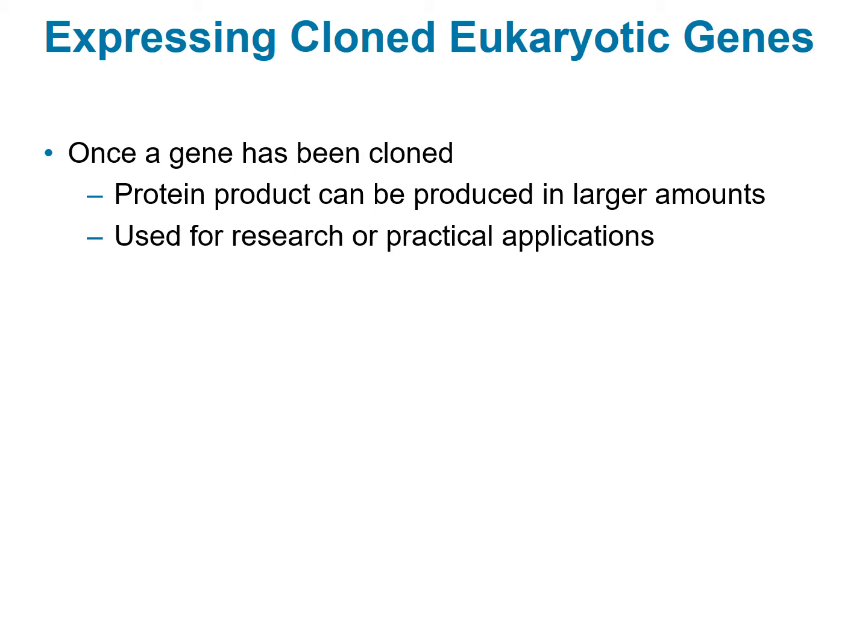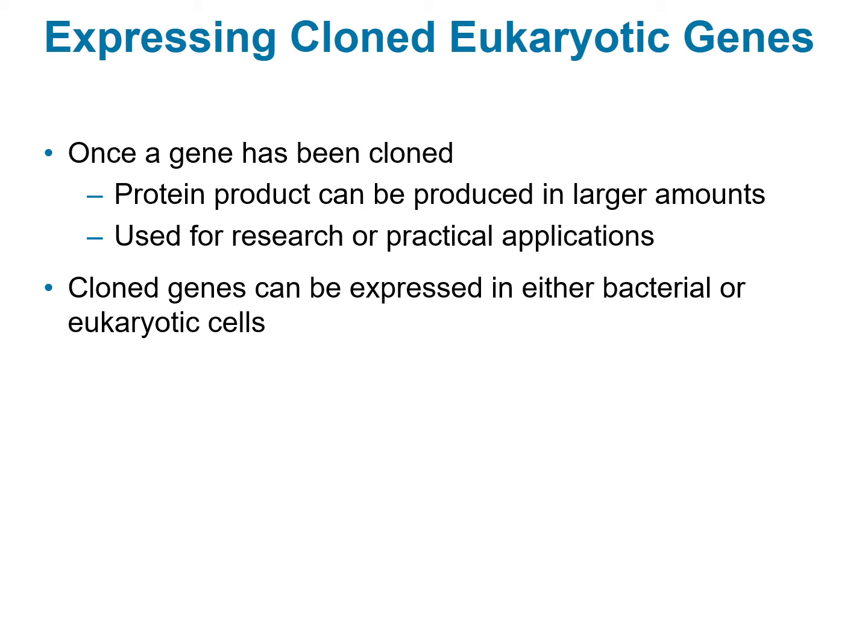You can force eukaryotic cells or any cell to produce the protein in high amounts. Of course, this can be used for research to study the protein's structure and function, and for practical applications such as medical purposes, like overproducing insulin. Then you need to purify the insulin, and you could use that for individuals who have diabetes.